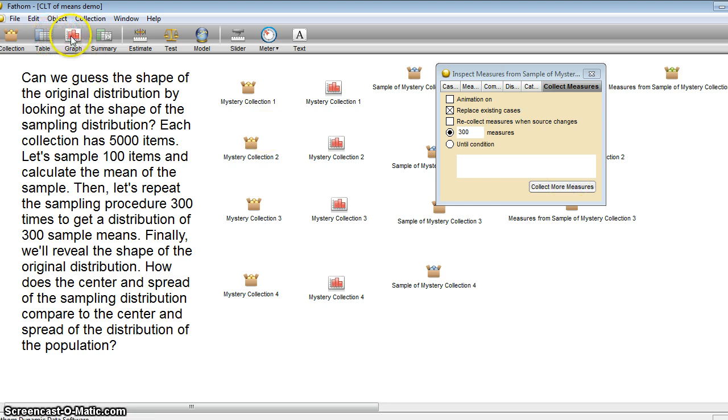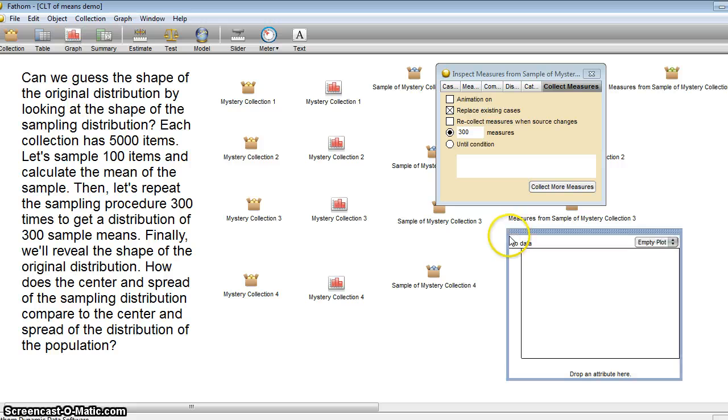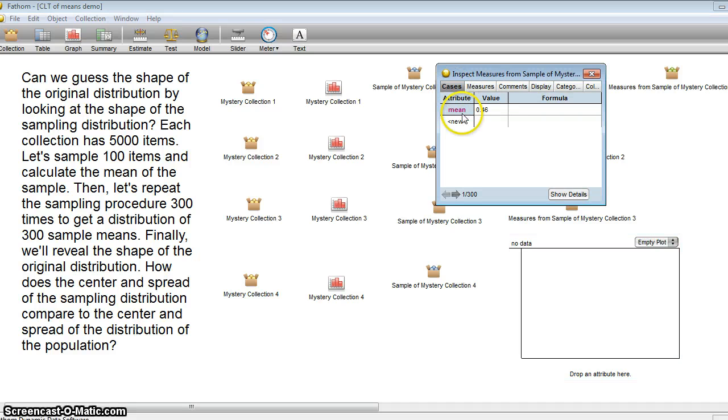So let's take a look at the graph here. Although we couldn't predict it for mystery collection 1 or 2. Collection 1 was uniform, collection 2 was skewed right, and both of the distributions of sample means were approximately normal. So I don't know what's going to happen with this one. This could be interesting. Let's take a look at this.